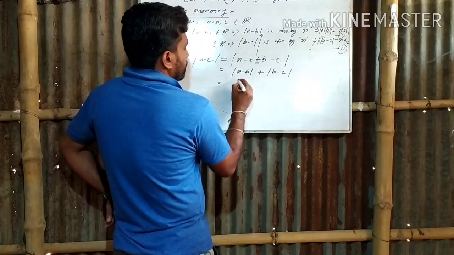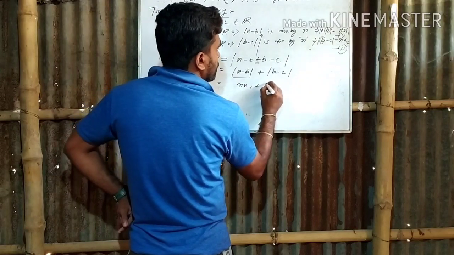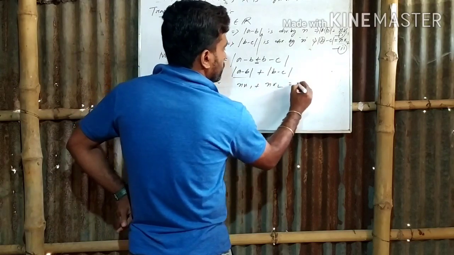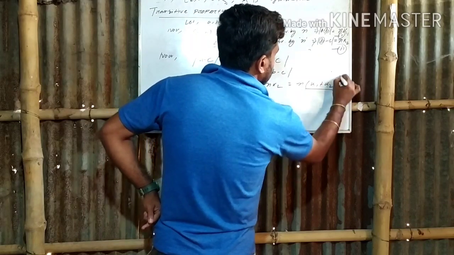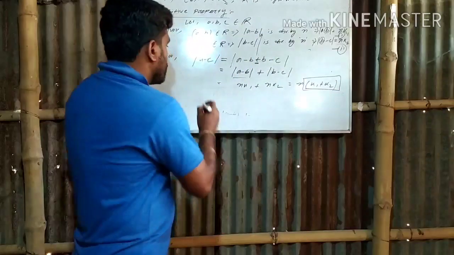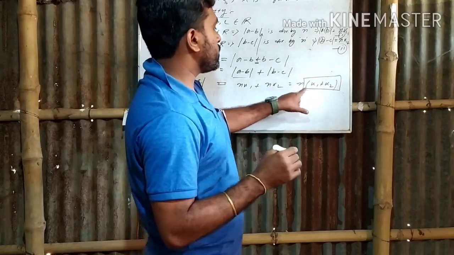So this mod of A minus B is nk1, and mod of B minus C is nk2. If you take n as common, it is n into k1 plus k2, and k1 plus k2 is also a constant here. So mod of A minus C equals n into k1 plus k2.